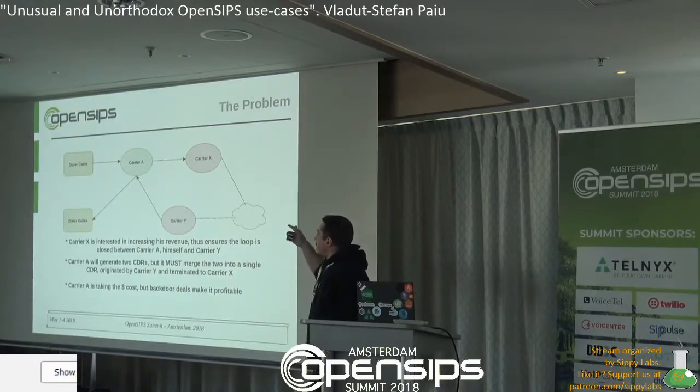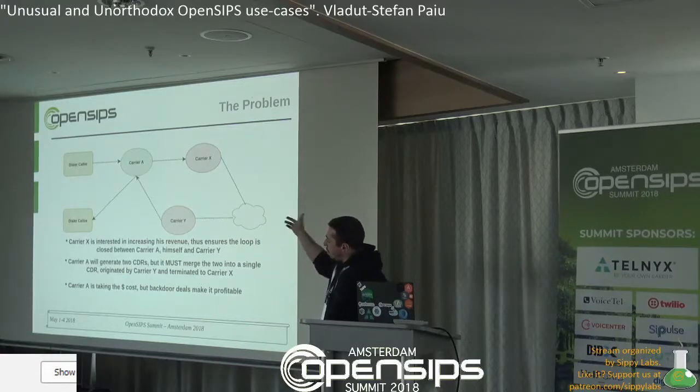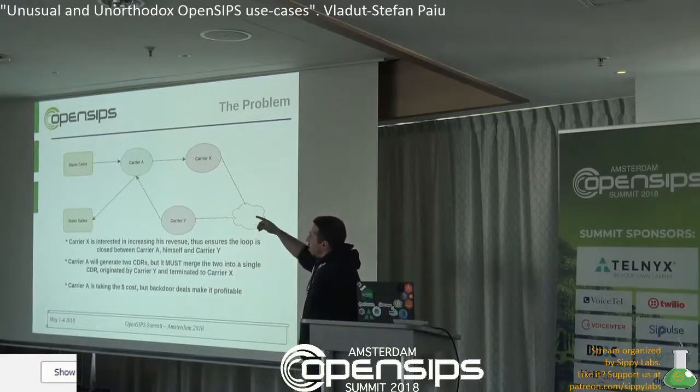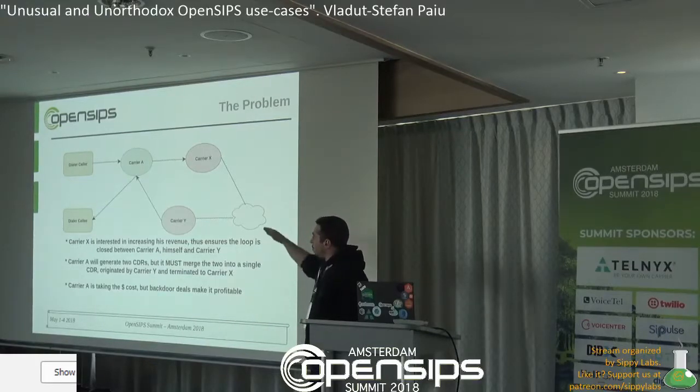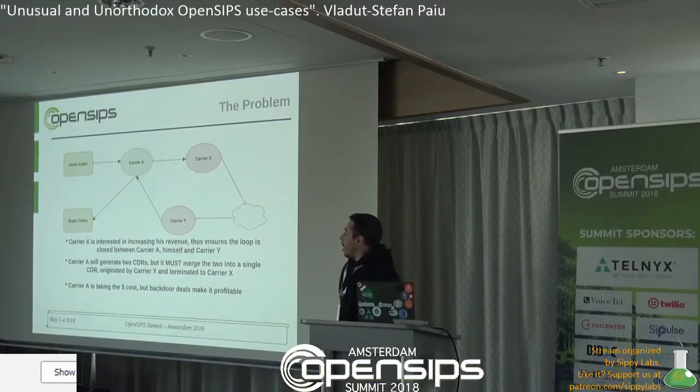So carrier A, X, and Y ensure that this loop completes. So any call going to France Orange, in my previous example, would get from A to X, then perhaps some return traffic back to Y, back to A, and the call needs to get answered.